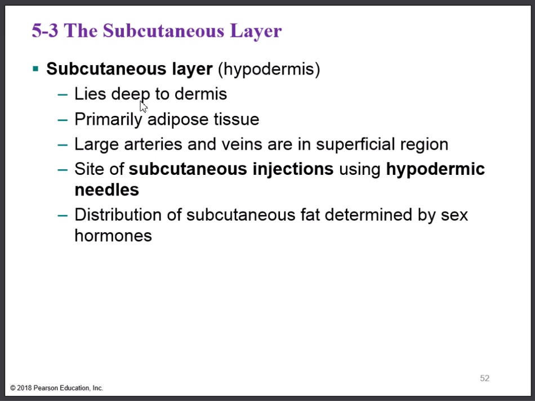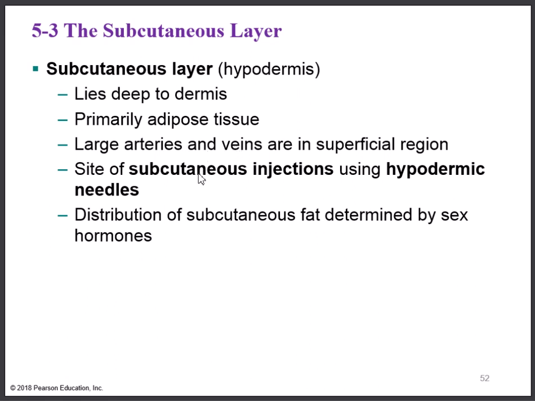So the subcu or the subcutaneous layer, some people call it the hypodermis. This is the area that lies deep to the dermis. The main thing we see in here is adipose tissue. There is also some loose areolar connective tissue in there, but what we typically see is going to be the fat. Primarily, we're going to see large arteries and veins in the superficial part of the subcu, right? That's what we call the cutaneous plexus of blood vessels.